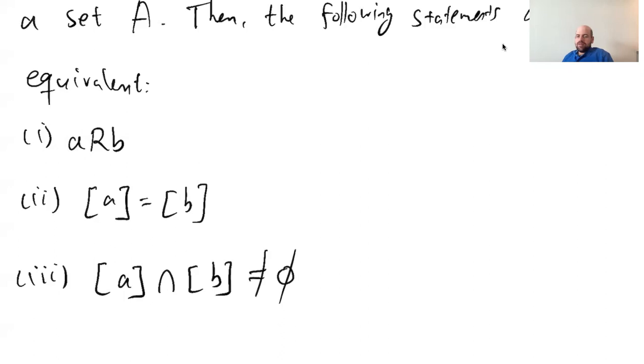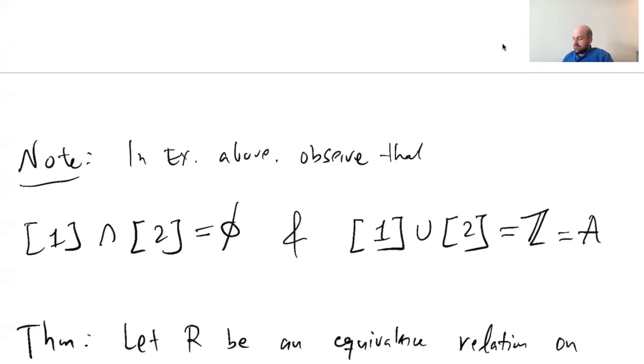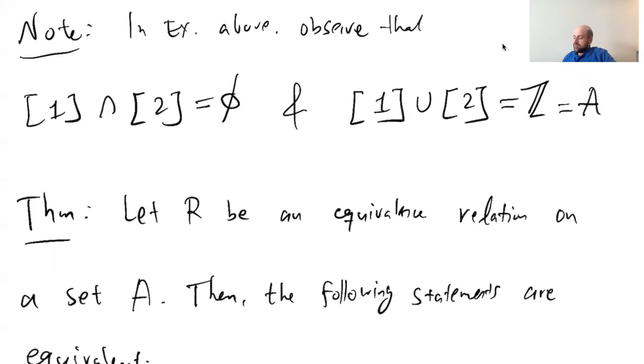So for an equivalence relation, when you consider two equivalence classes, either they are equal, or if they are not equal, their intersection will be empty set. Similar to what we saw here, see? Two distinct equivalence classes, their intersection is empty.